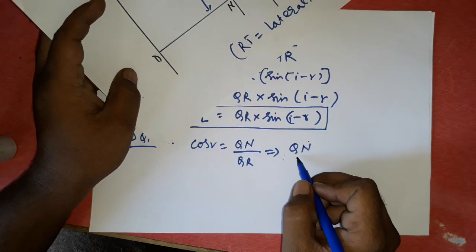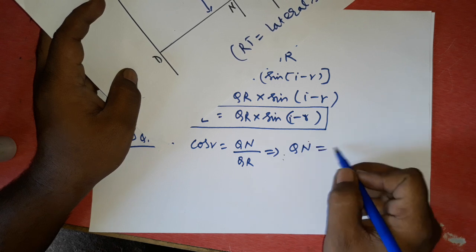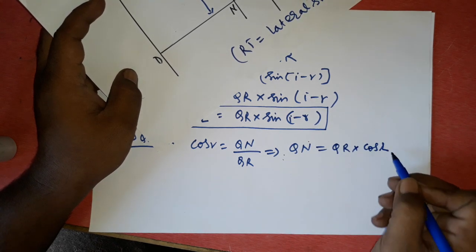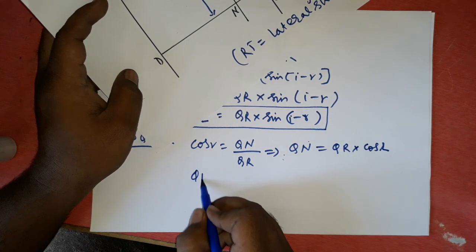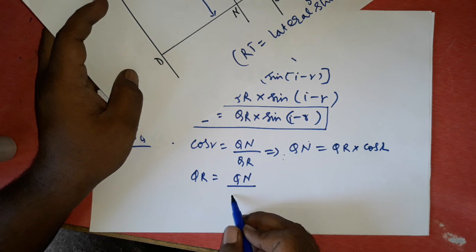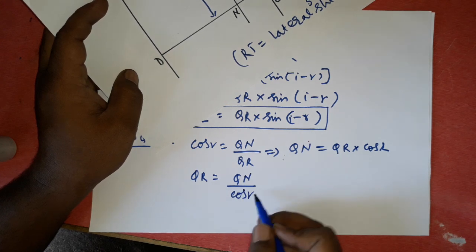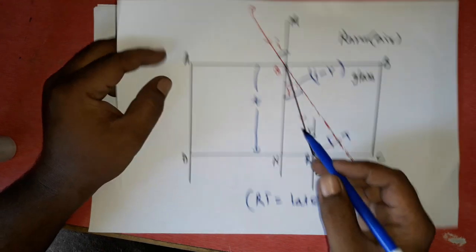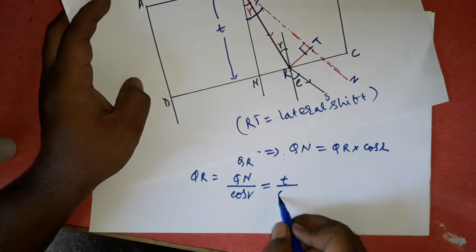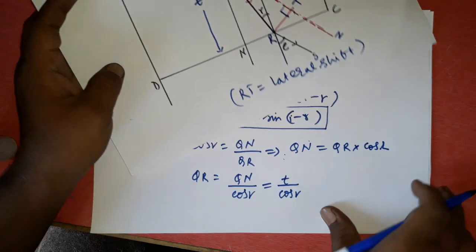QN is equal to QR into cos r. I want QR here. QR is equal to QN divided by cos r. QN is what? Thickness of this slab, t, divided by cos r.